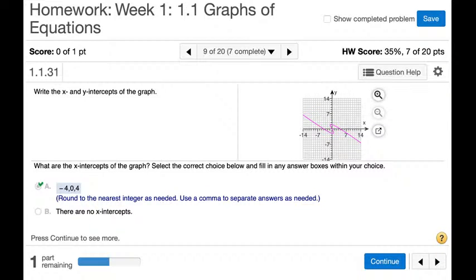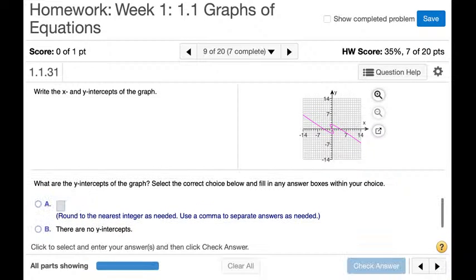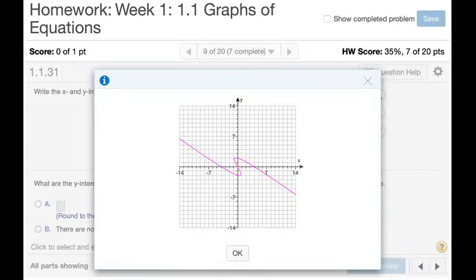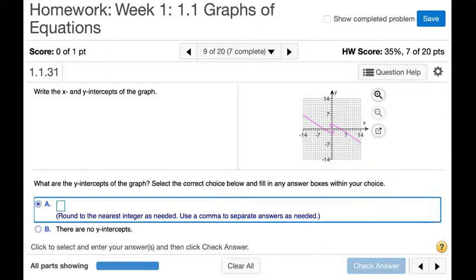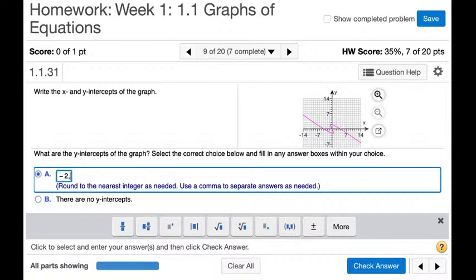Then the y-intercepts. What is that? Negative 2, 0, and 2.